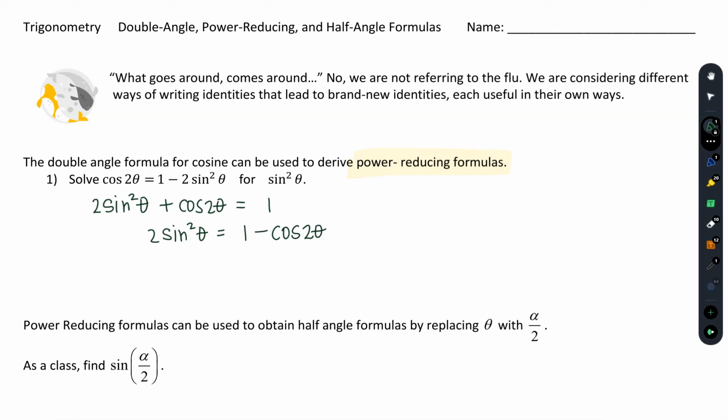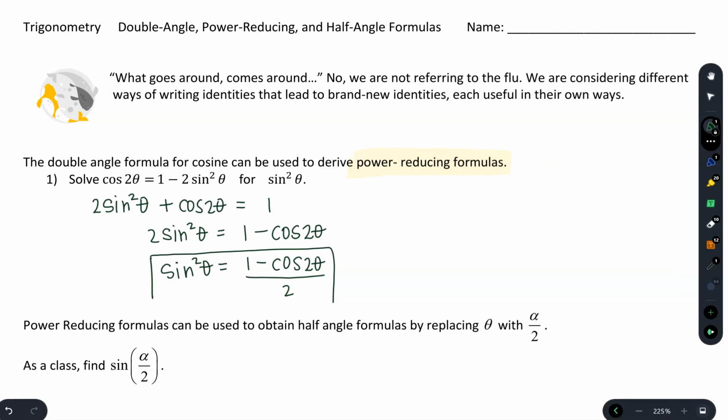Divide both sides by 2, so you end up with sine squared theta equal to 1 minus cosine of your double angle, divided by 2. So this is now your power reducing formula for sine.